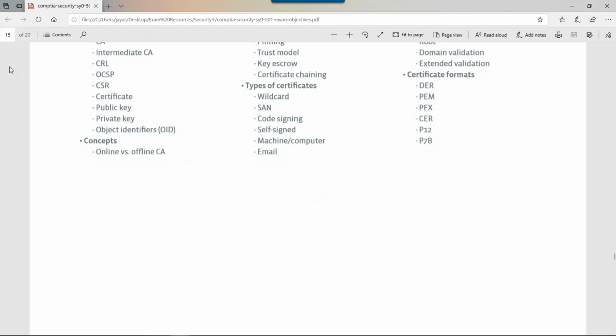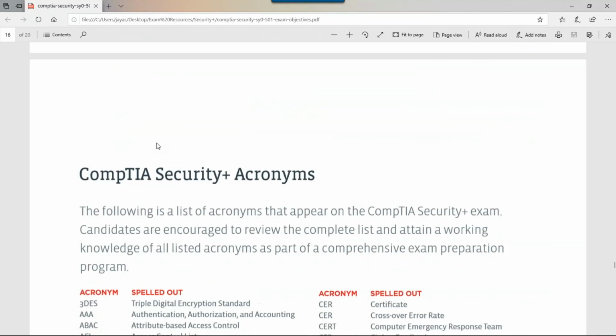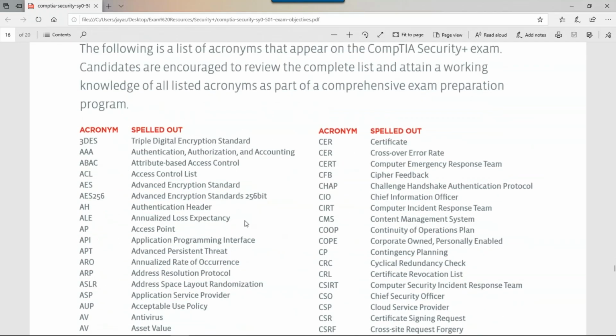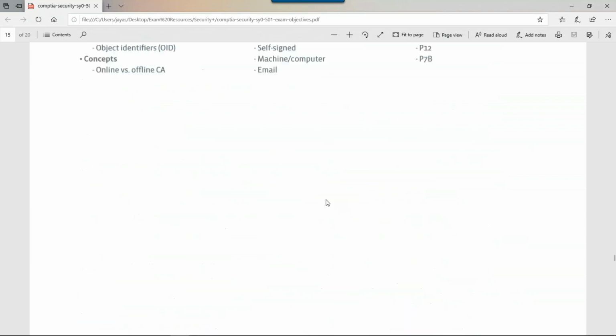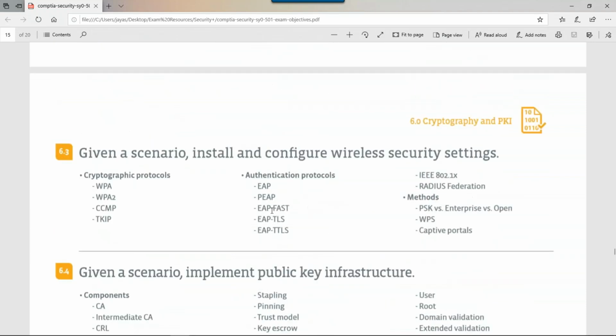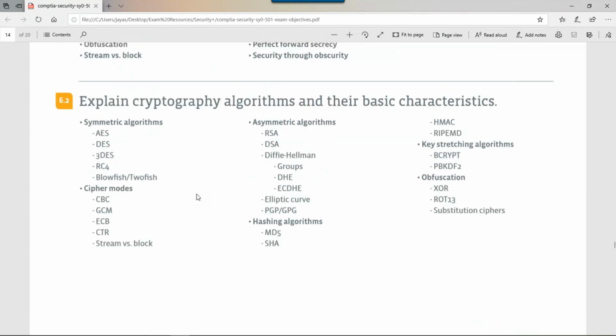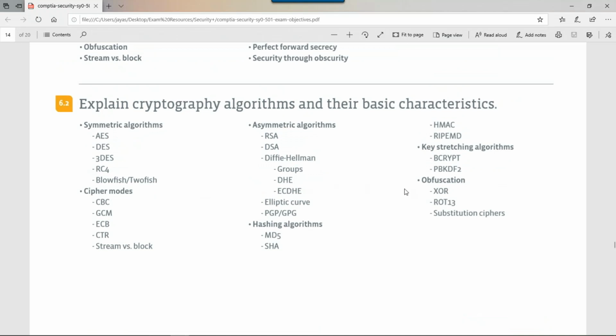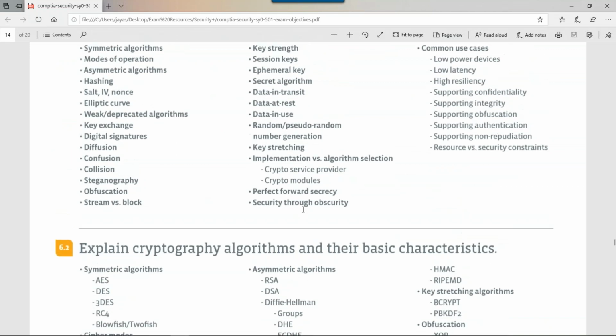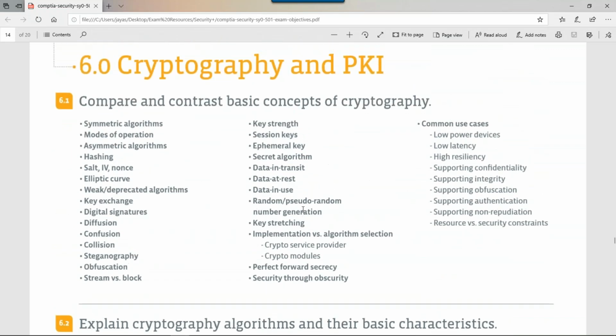You get down to the bottom, past the last objective, which is 6.4. Just a huge acronym list. So when you come across those that you're not sure what it is or what it's used for, just scroll down to the bottom and make sure that you write it out, put it on a flashcard or something so you can study it. Let's see what else.